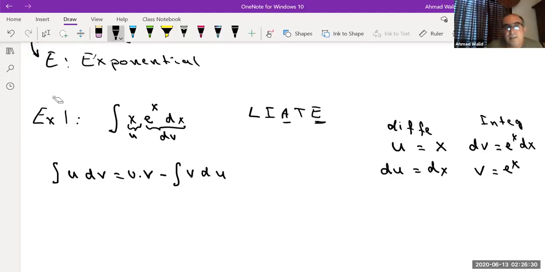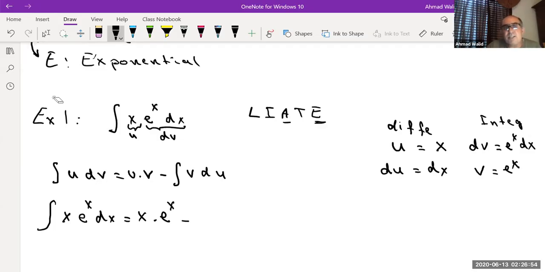Correct? Now, integral of x e to the x dx equals u. What is your u? Your u is x. Times v. What is v? E to the x.